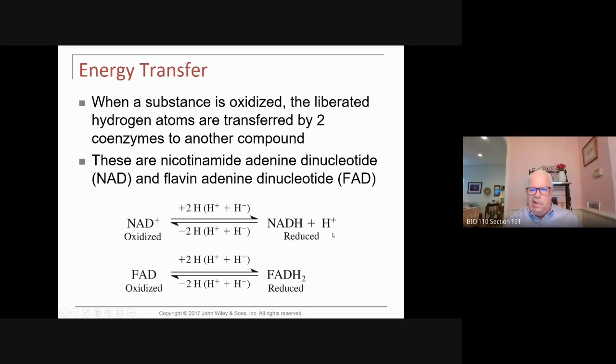And the other hydrogen is a free electron. FAD, when it acquires another 2 electrons, it becomes FADH2, and it is reduced. Remember, an oxidized coenzyme has no hydrogen on it because it's been removed. But when you add a hydrogen as an electron to a coenzyme, they become reduced.